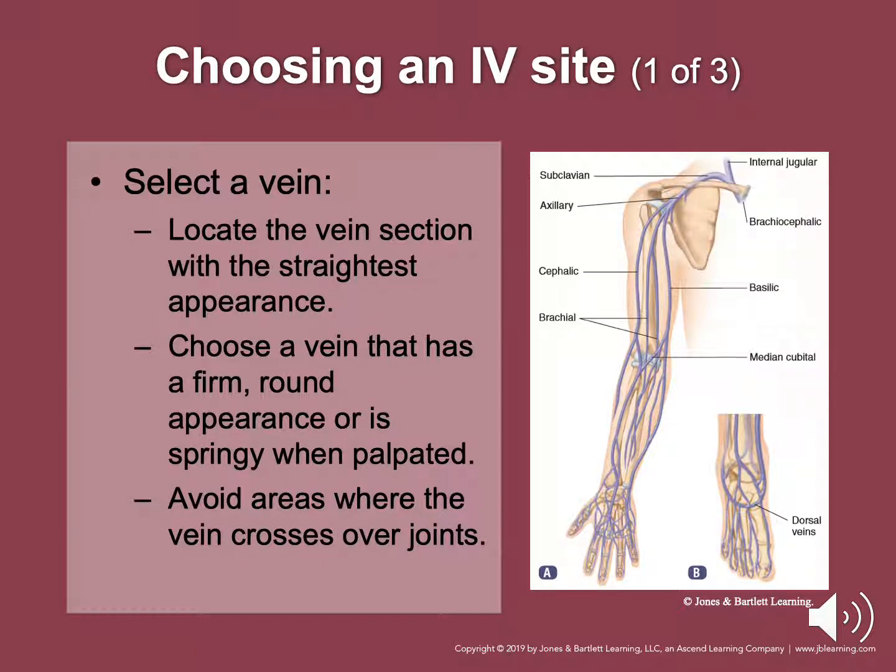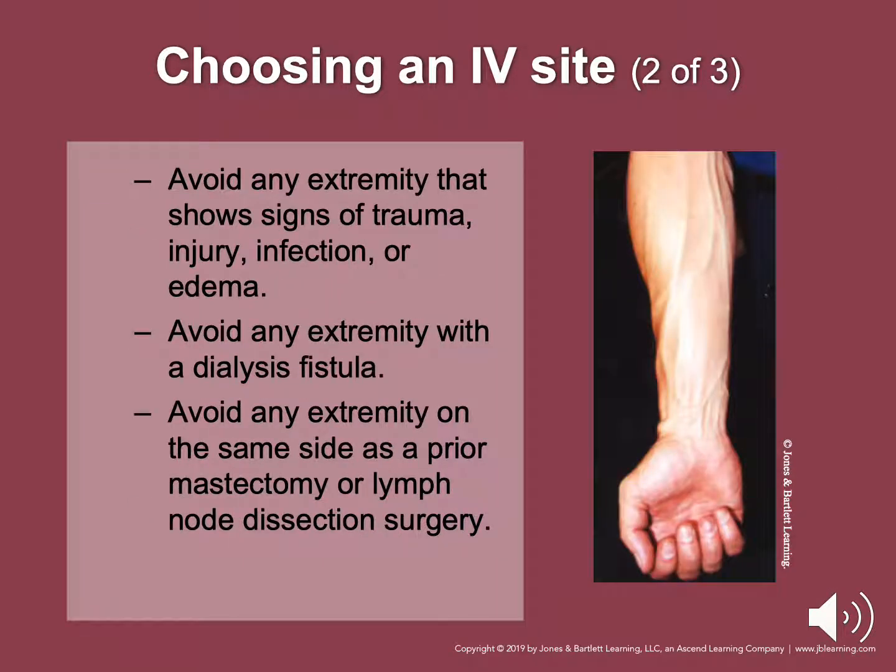All right, and avoid any extremity that shows signs of trauma, injury, infection, or edema, because you don't want to push that fluid out into the venous flow. Do avoid any extremity with a fistula. Avoid any extremity on the same side as a prior mastectomy or lymph node dissection surgery.